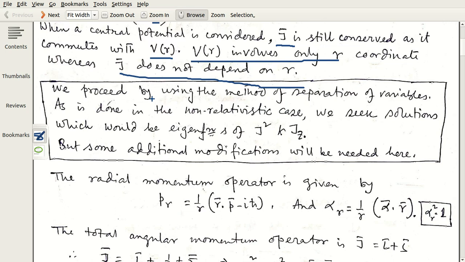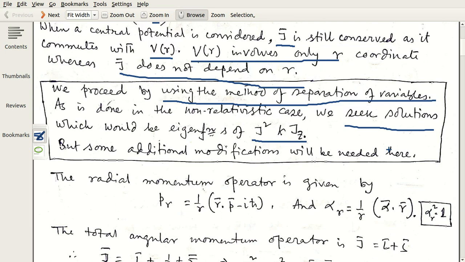In this case also we proceed by using the method of separation of variables. That means we will separate the angular part, and we will seek solutions which would be eigenfunctions of J square and Jz, as we sought solutions of L square and Lz, the spherical harmonics Y_lm(theta, phi). Those were eigenfunctions of L square and Lz.